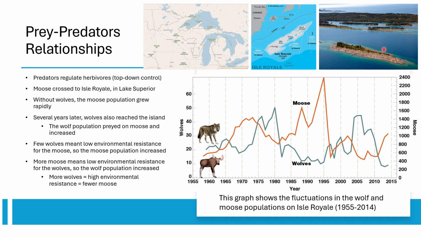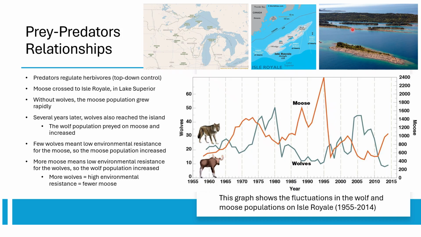So this type of regulation is called top-down control. If we look at an example, for example, the population of moose on Isle Royale in Lake Superior. Isle Royale is right there, or right there when we zoom on it.